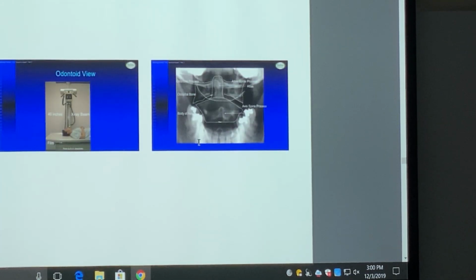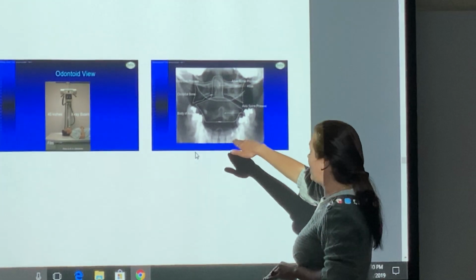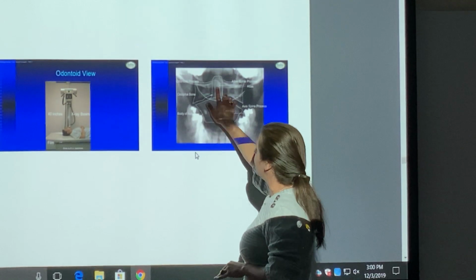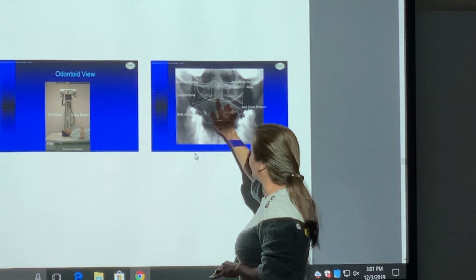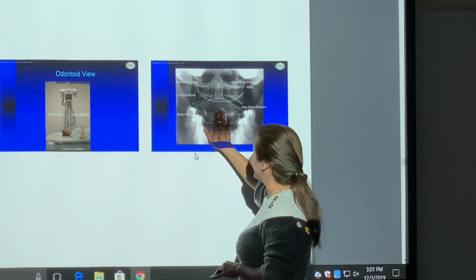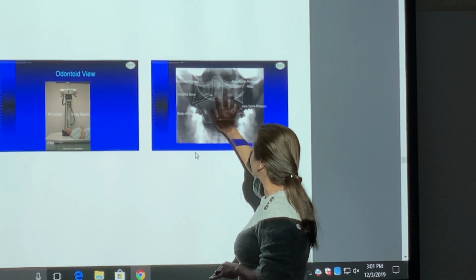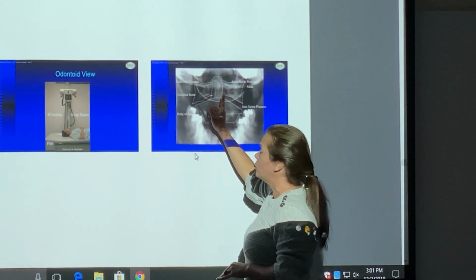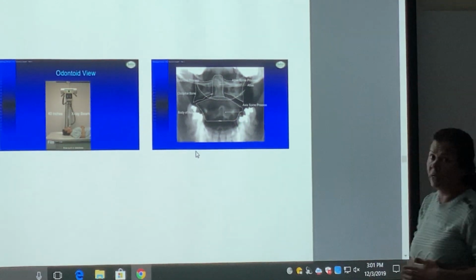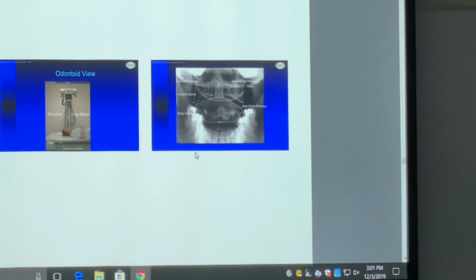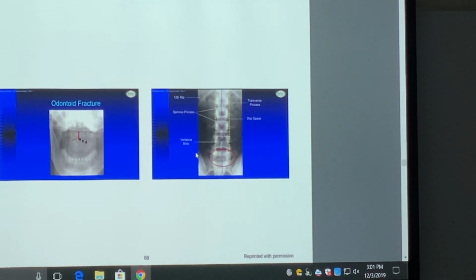And again, if you open a patient's mouth and pass the X-ray through the mouth, that's the only way you can see the odontoid process of the second vertebra, which is called the axis. This is the atlas, which is the first, and this is the axis with the odontoid process. There are many fractures at that level in motor vehicle accidents, and mostly in children. Again, this is mostly pediatric.